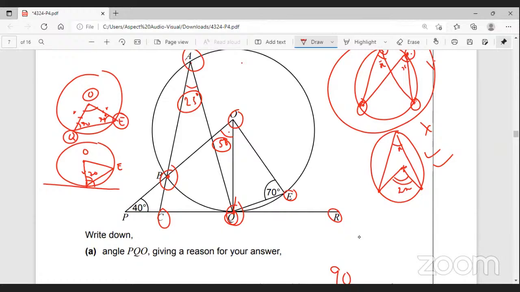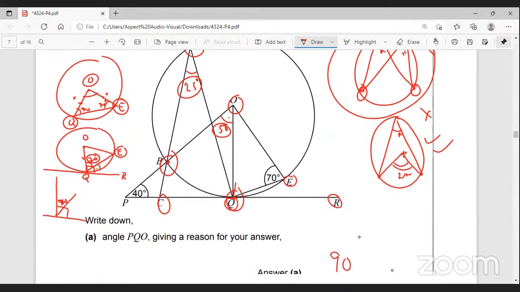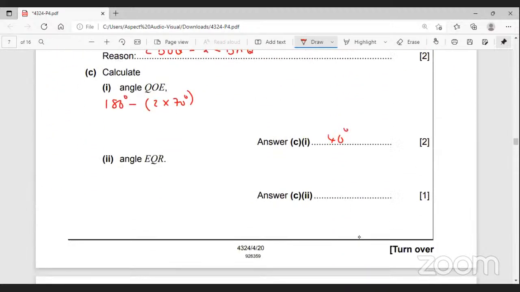So if that part of the angle is 70 degrees, what will this part be? No, we don't need that for now. We are looking at angle EQR, at that angle here. So we don't need the other part for now. It will be 20 degrees because this angle here is supposed to be 90 degrees, but from that 90 degrees, 70 is taken. Are we together? So the remaining angle will be 20 degrees. So what you will do now is to say 90 degrees minus 70 degrees, which will give you 20 degrees.